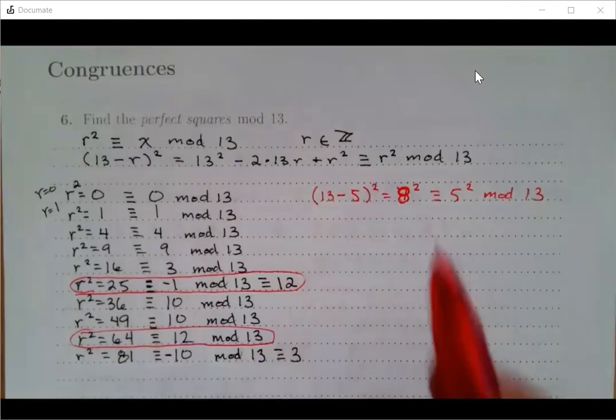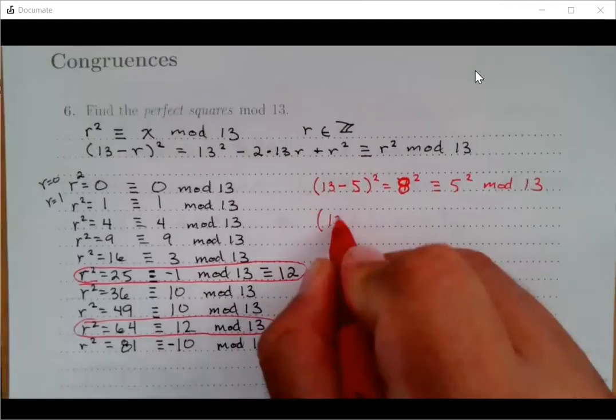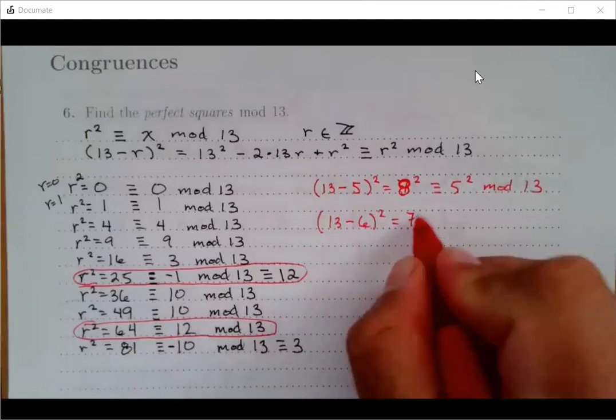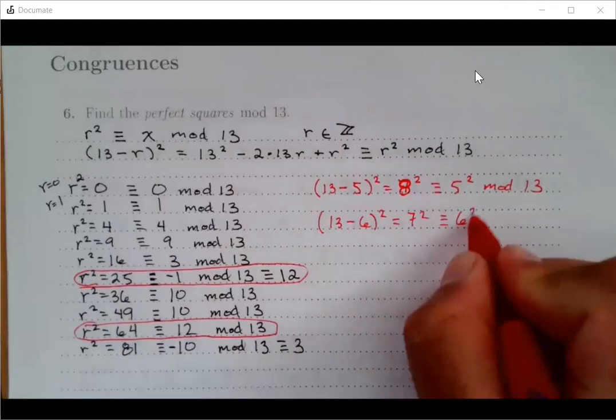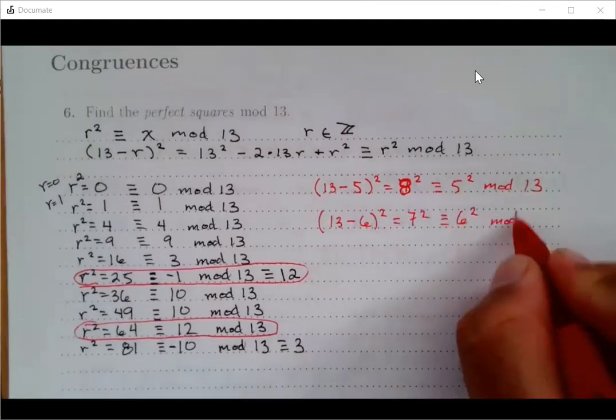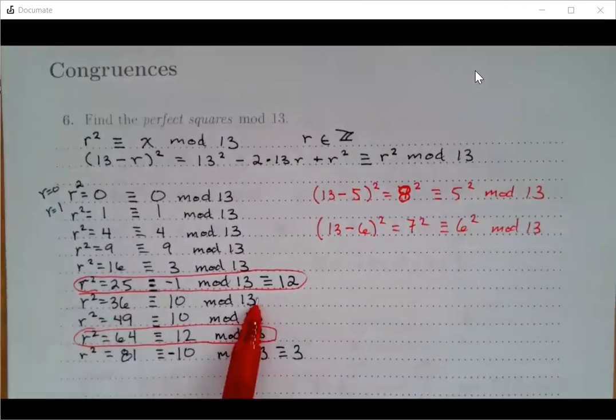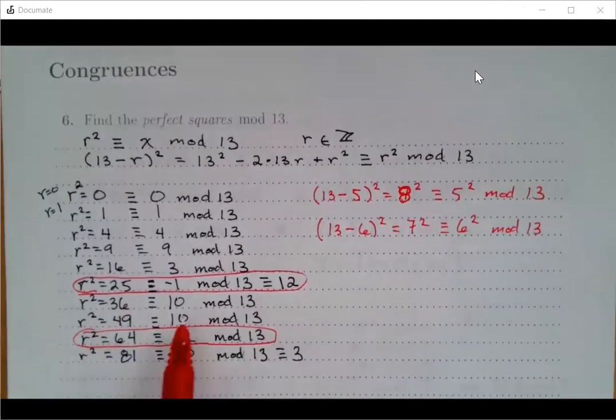What's (13 minus 6) squared? That's 7 squared, which would be congruent to 6 squared modulo 13. That's what we see if r was 6 and if r was 7.